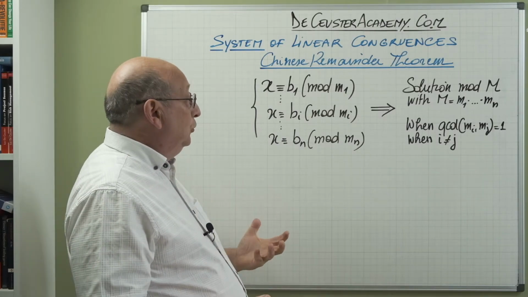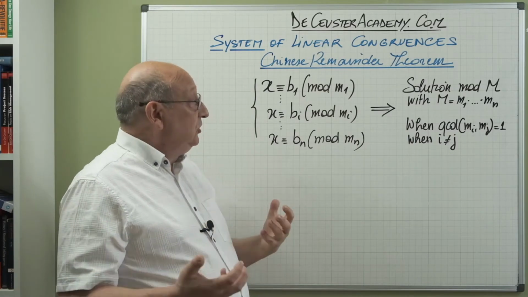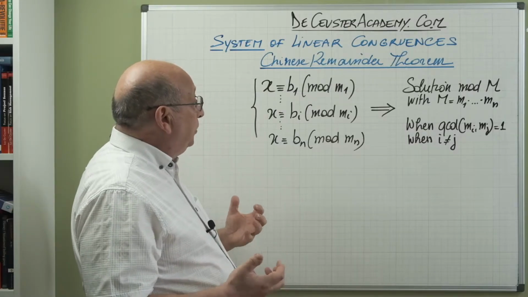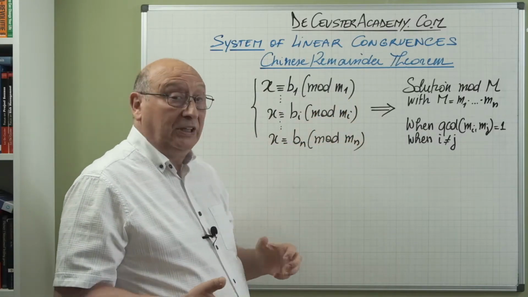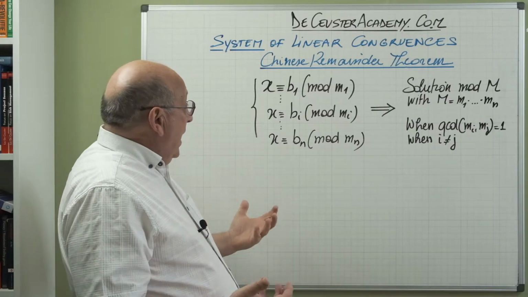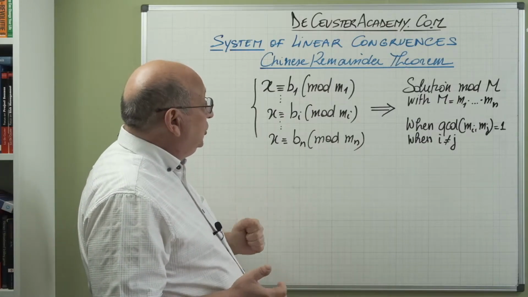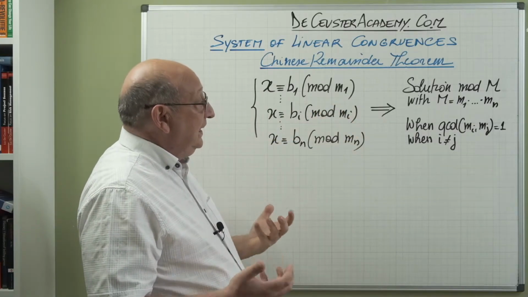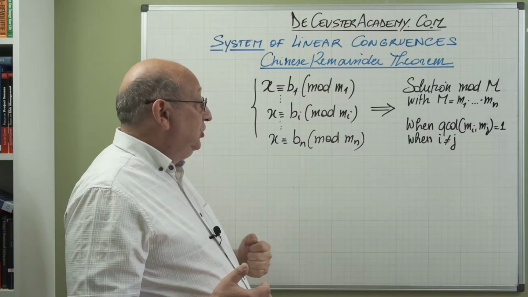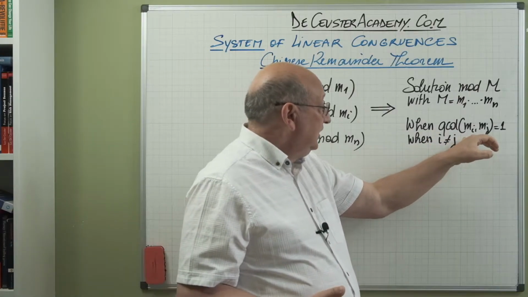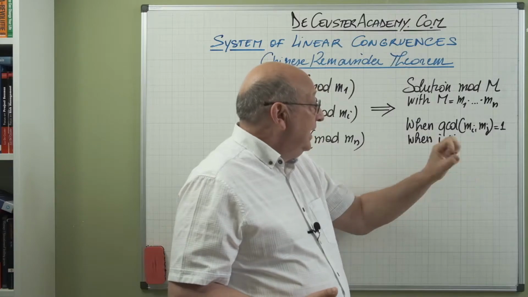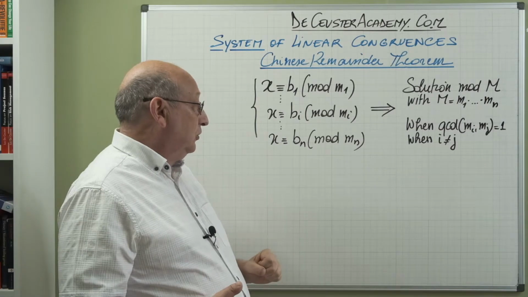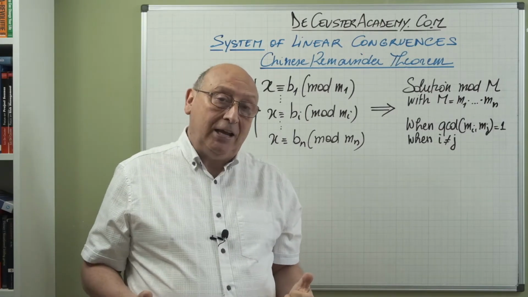Now, we can prove that there is a solution modulus M, where big M is the product of all the moduli that we consider, and there is a solution when the GCD of Mi and Mj is equal to 1 when the indices are different, so i and j are not the same.